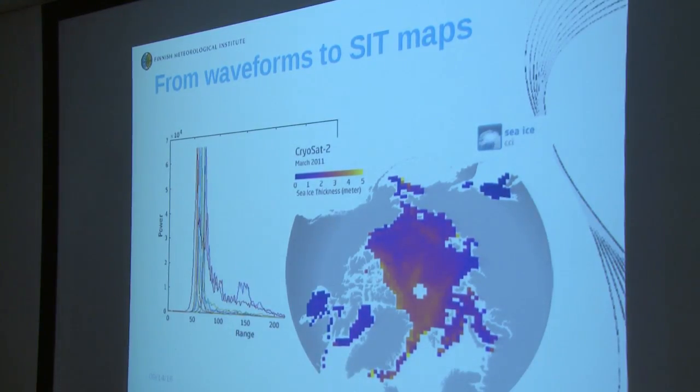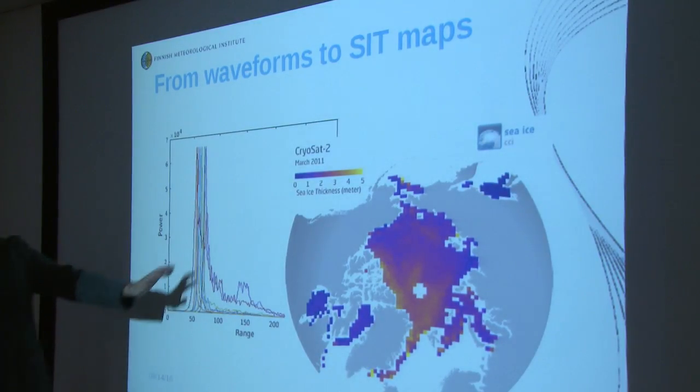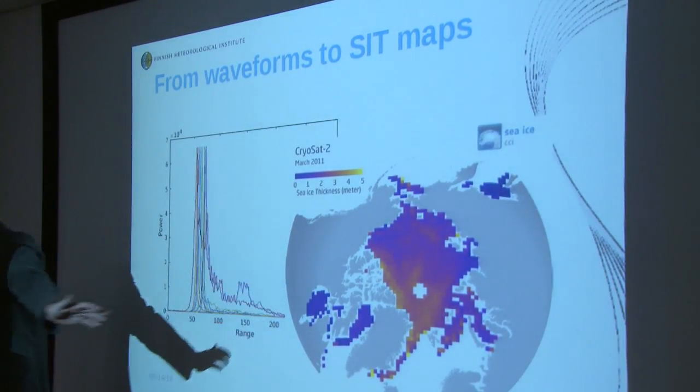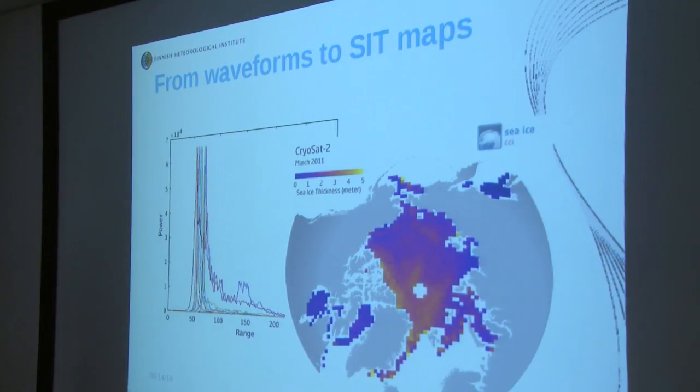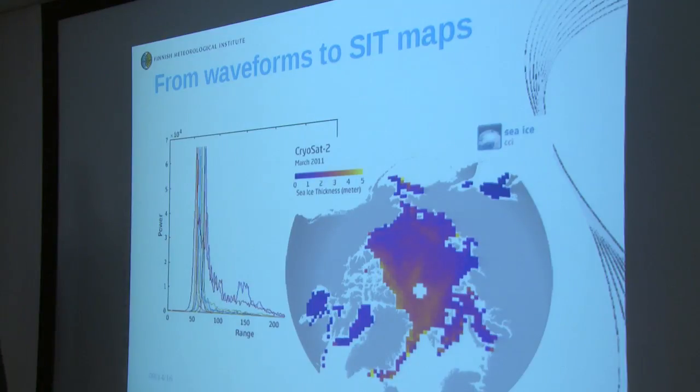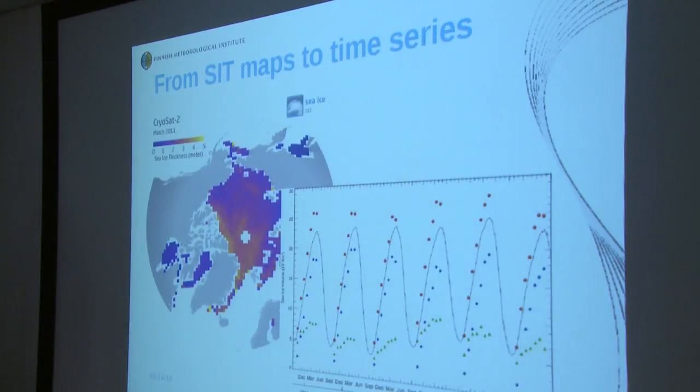And at the end of the practical, you should have an understanding how we get from quite low level altimetry data into nice looking sea ice thickness maps as the one right here. So could anyone tell me what these are? Waveforms. Aye, good. You have been awake.